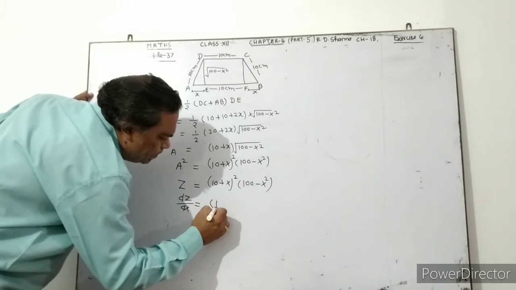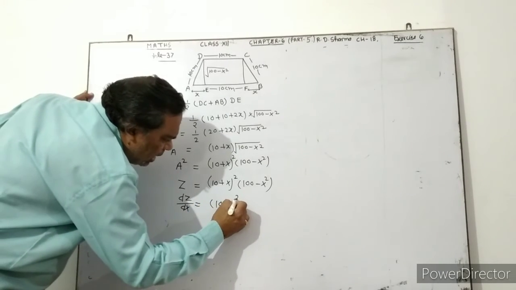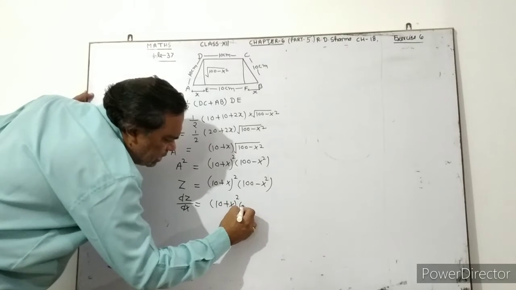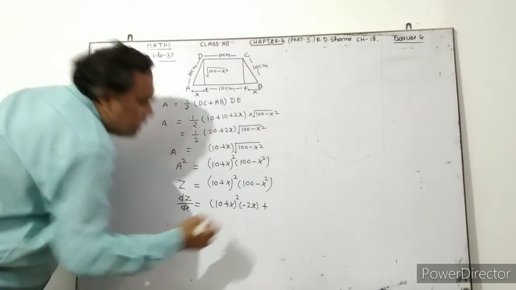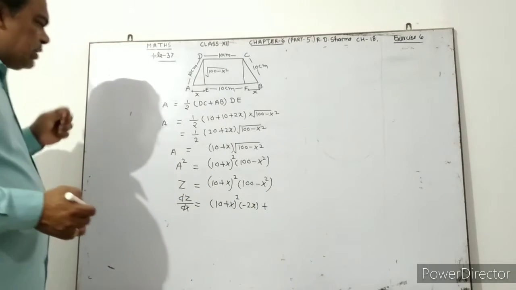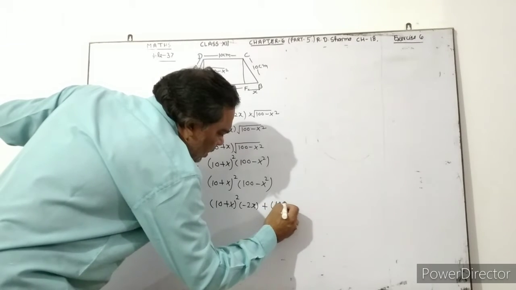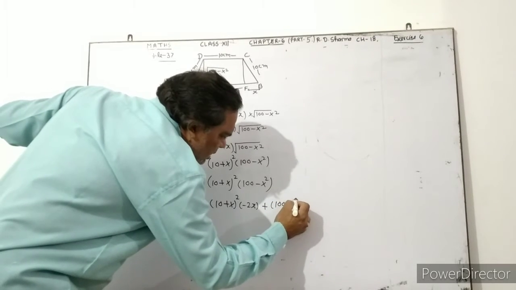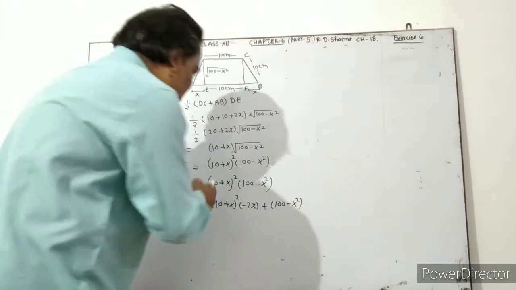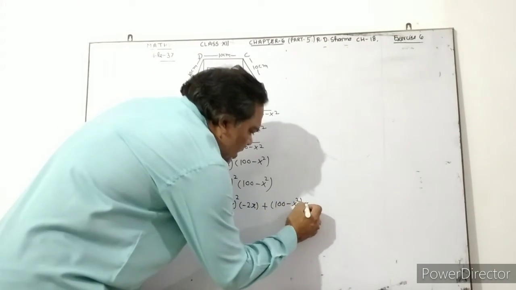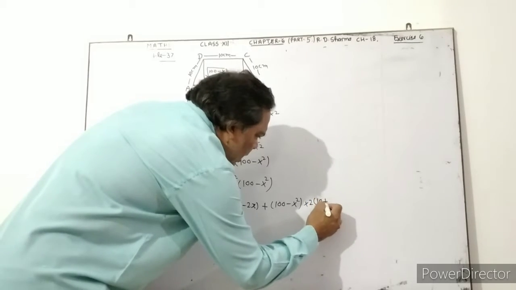First function 10 plus x square, differentiation of this, plus second function 100 minus x square. And what is the differentiation of this? The differentiation of this is 2 into 10 plus x.